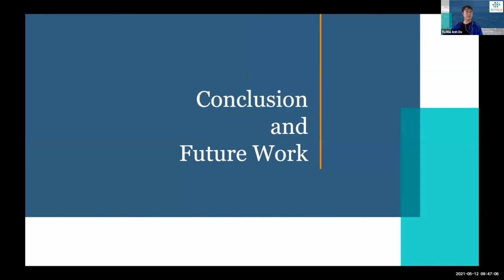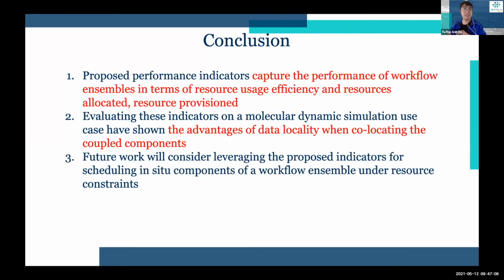Okay, so now let's come to the conclusion. In this work, we have proposed several performance indicators to capture the performance of workflow examples from multiple perspectives: resource usage efficiency, resource allocation, and resource provisioning.